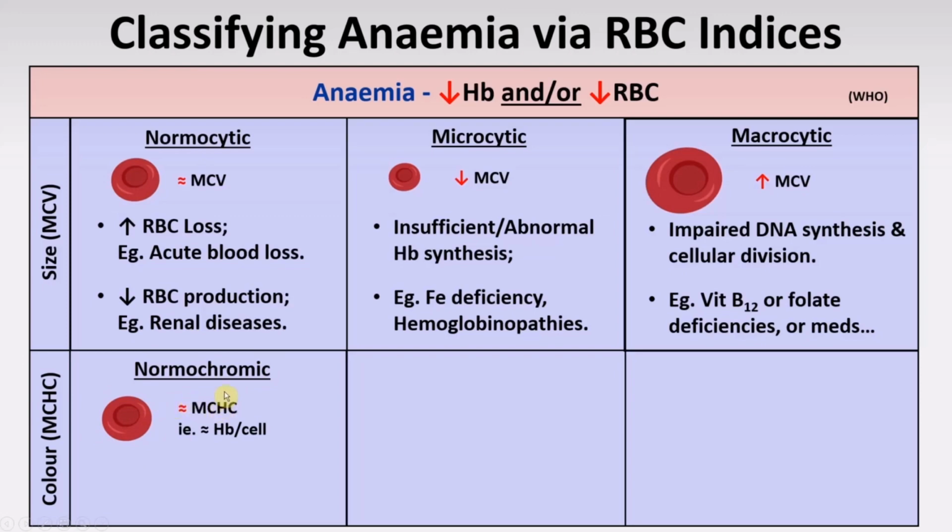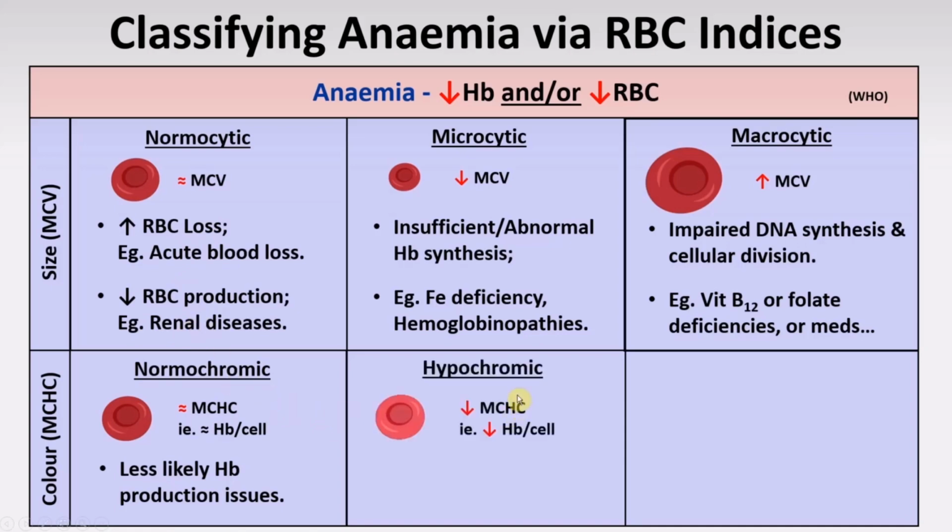So if your red blood cells have normal size and normal color, we know that hemoglobin concentration is normal inside the cells, and it is unlikely due to hemoglobin related issues. It's not hemoglobin production or synthesis issues, right? It's likely due to increased red blood cell loss or reduced red blood cell production.